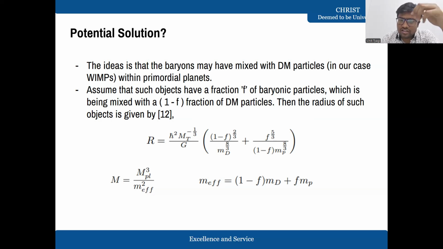So here we consider MD as our dark matter particle mass, MP is the mass of the proton, and the effective mass is given by this. And we are considering 1 minus F, of course, as the fraction of dark matter, F being the fraction of baryonic matter. And here M represents the mass of that compact object, where M_PL is the Planck mass.